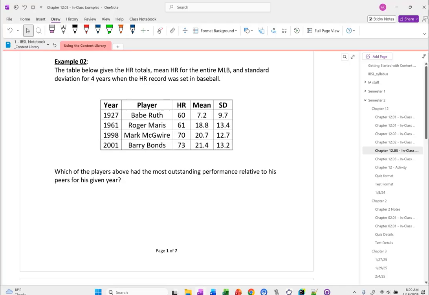If you want to compare things across different conditions, what do you need to use? Excellent, yes. You want to compute a z-score for each of these.